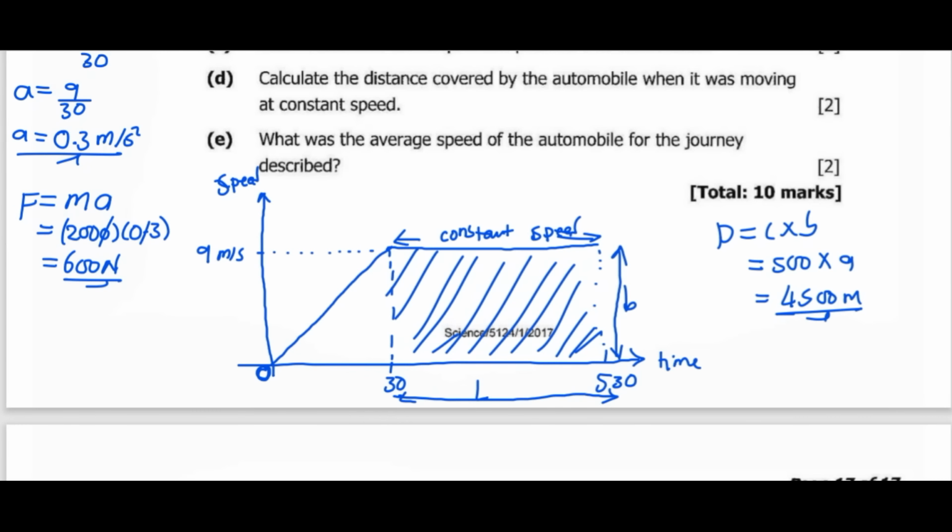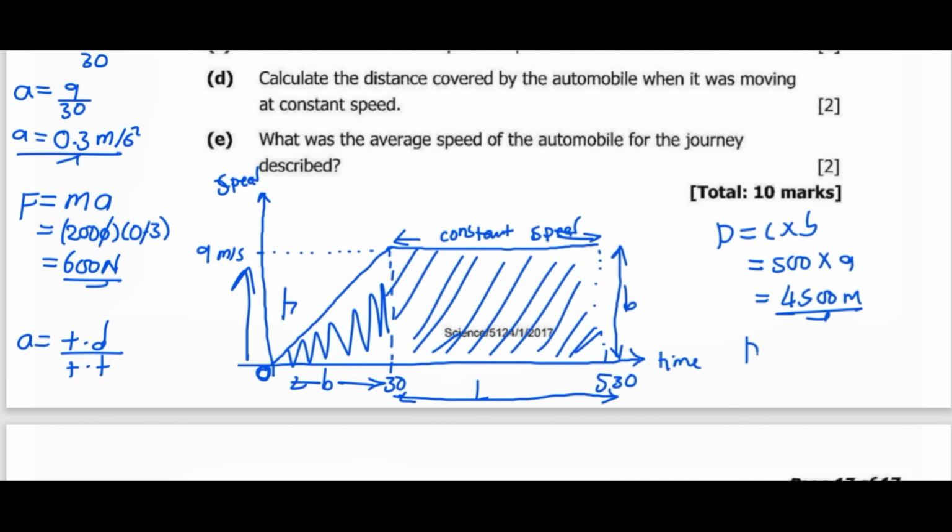Then E, what was the average speed of the automobile for the journey described? So average speed, we know that we need total distance over total time. So we can find the distance for this one. This is a right angled triangle, and this will be our height here.